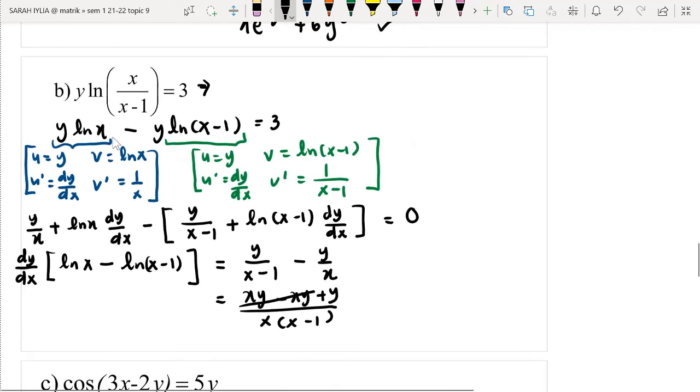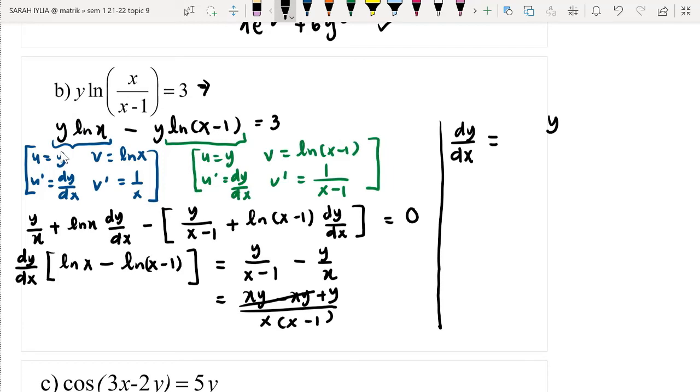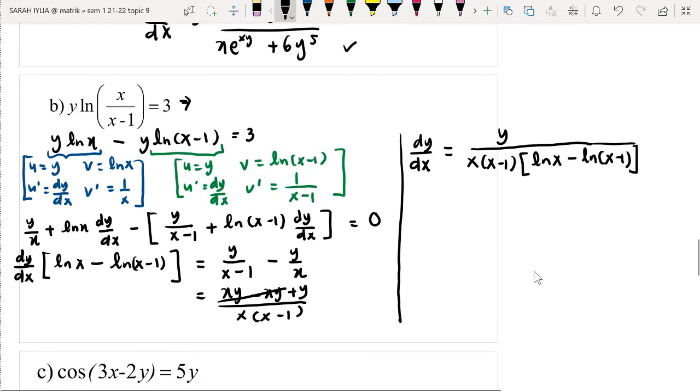Okay, so finally now, our dy dx should be y over x minus 1 times ln x minus ln of x minus 1. Yes, the answer looks long with no end, but that is the answer. Y over x, x minus 1, ln x minus ln x minus 1.